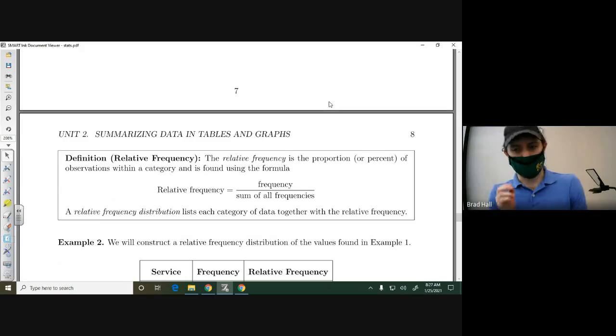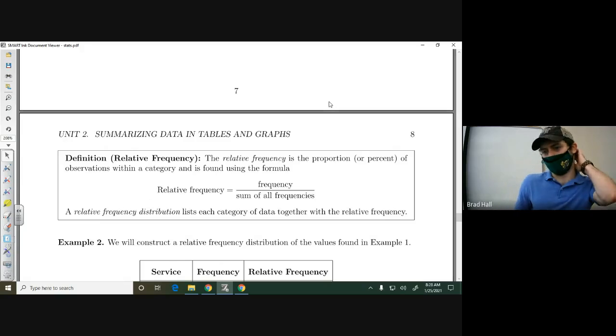It may look like a funky formula, but you simply take the number of occurrences that you found for that particular category, and you divide it by the total number of people. So it's not really an average, but it's something similar to an average in a sense.